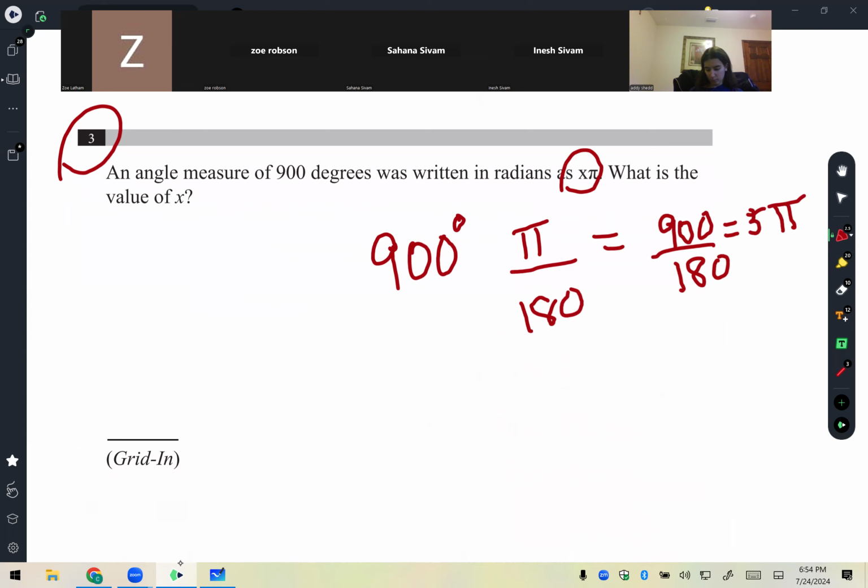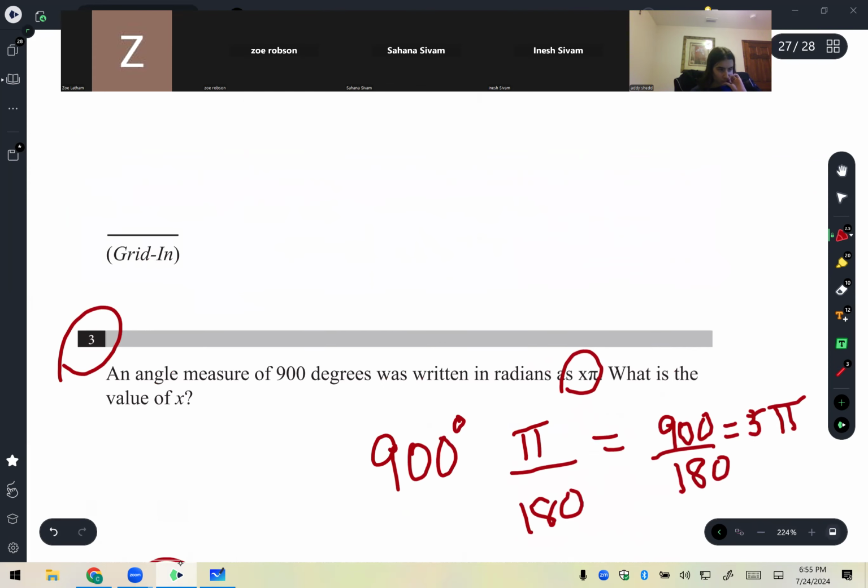Let everybody try it. Did everybody get 5? Yes. Zoe? Yep. Latham? Yes. Zoe Robson? Sehana? Yeah. Good. Inesh? Yeah. And Addie, just bob your head.